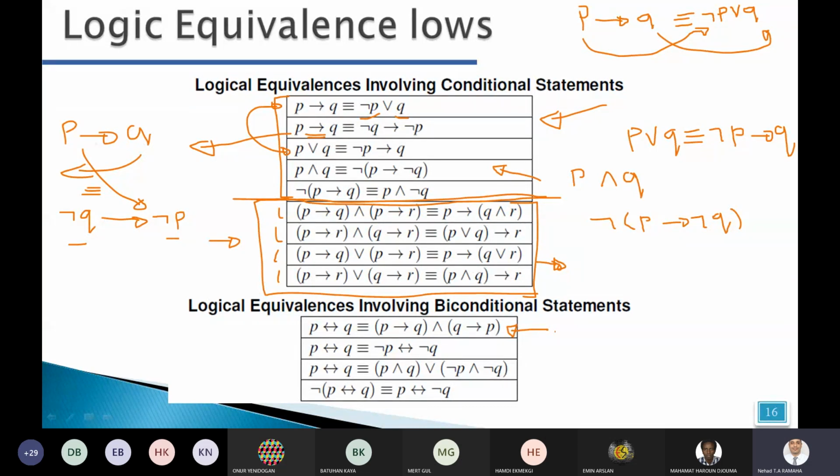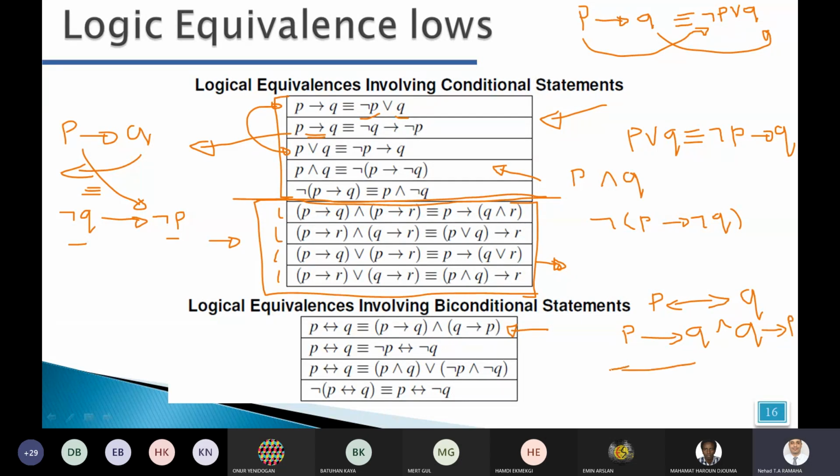This is the equivalence for the biconditional statement, I mentioned it before. If we have P biconditional with Q, or double implication with Q, this means it's equivalent to P implies Q and Q implies P. You take the two sides, yes?